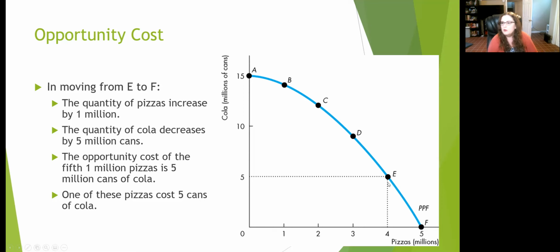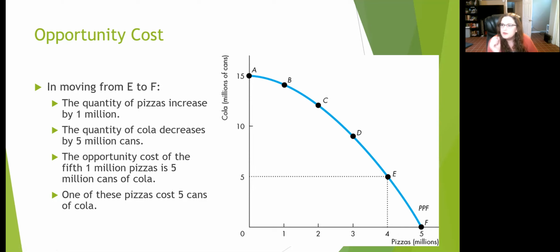Well, what's the difference between these 2 points? We increase our number of pizzas by 1 million. Okay, cool. We have a 1 million increase in pizzas. Now, what happens to sodas? Well, we see that we go from 5 million sodas to 0 sodas. So we're decreasing by 5 million sodas.